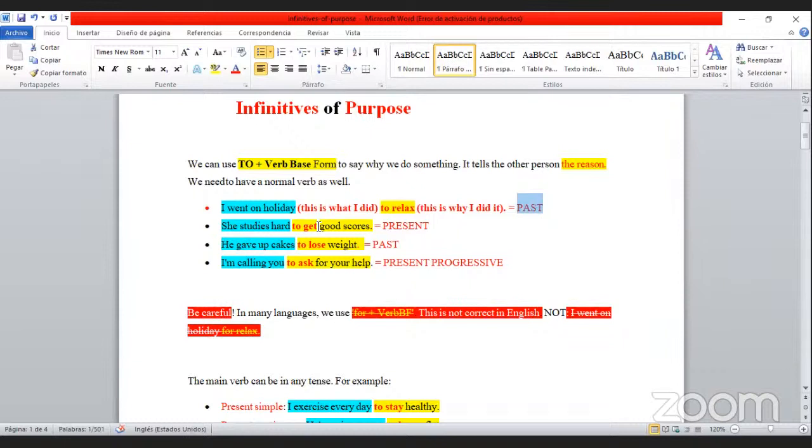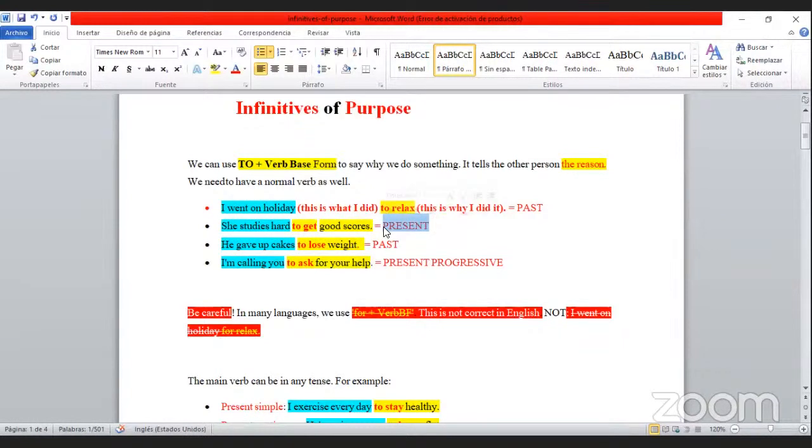She studies hard. So this is what she did. And why? To get some good scores, right? So this is the reason. And this sentence is in present simple, okay?